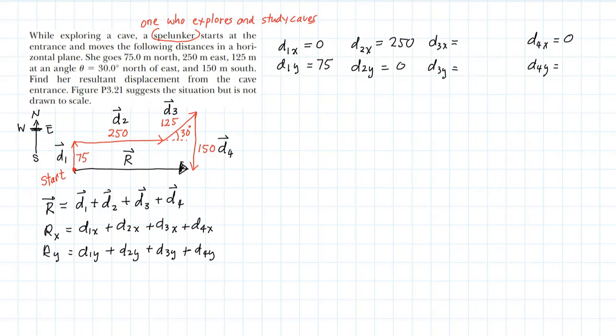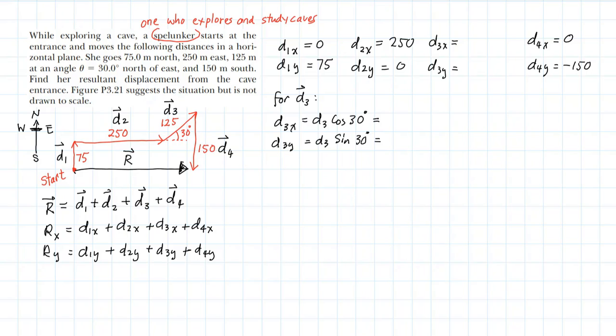For D3x and D3y, it has both x and y components. This one you have to find separately first, because the vector D3 is at an angle of 30 degrees. Meanwhile, for D4x it is 0, and D4y has a component, but it is directed downward, so you have to put minus 150. Now we find the components for D3 specifically.